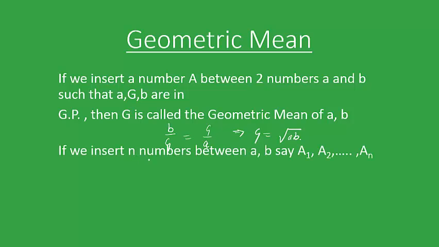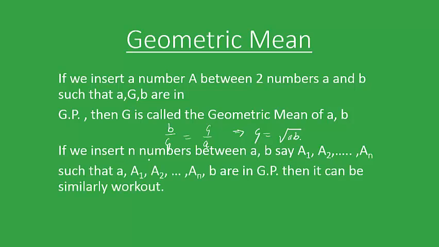Okay. So likewise, as we had in our arithmetic progressions, we could insert n geometric means between our two numbers. Let's say they are represented by a1, a2.